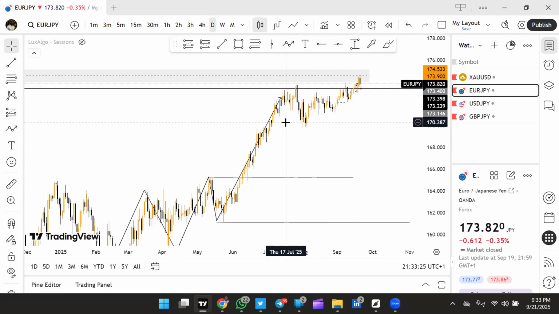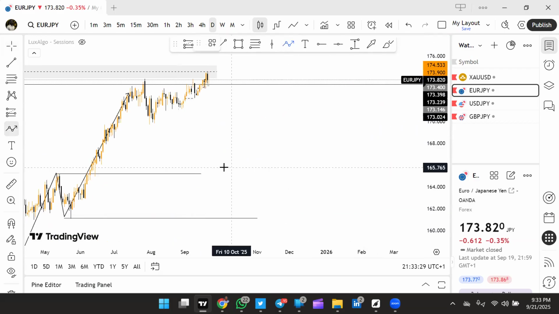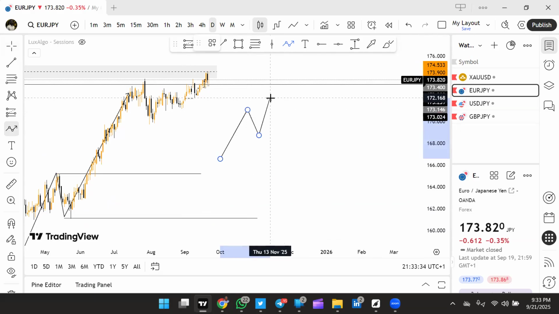What are you anticipating? You look for what? A market structural shift. The market sweeps a recent high, right? And then gives you what? A break of the recent low to the downside. You then mark your order block to take your entry from.